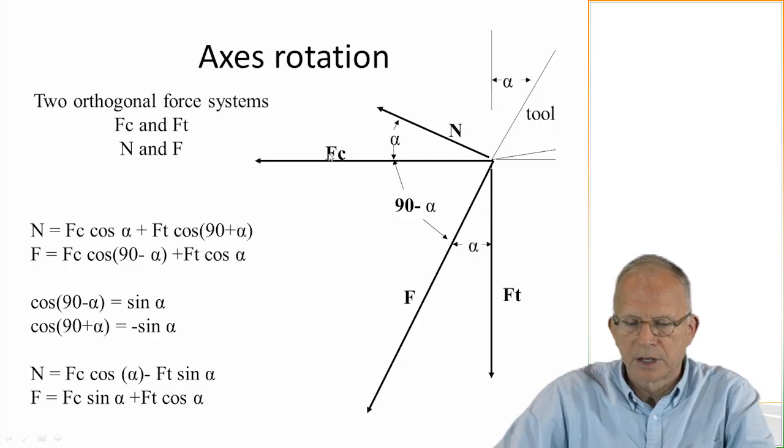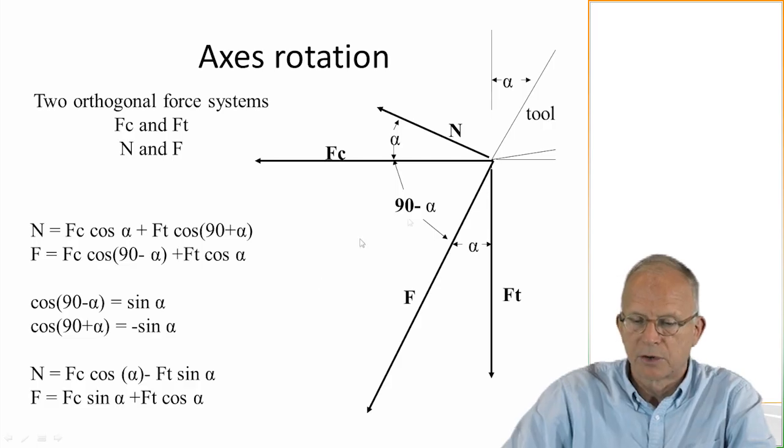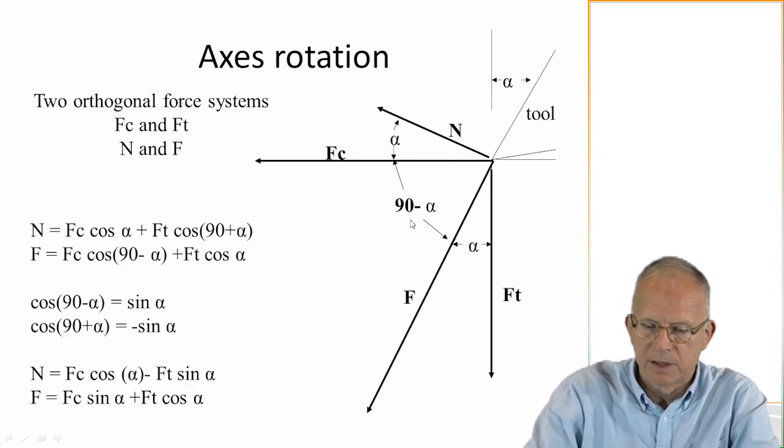So here is another depiction of the same operation that we were just looking at, going from the cutting and the thrust force to the friction and the normal force, with just a little bit more of a breakdown of the angles.